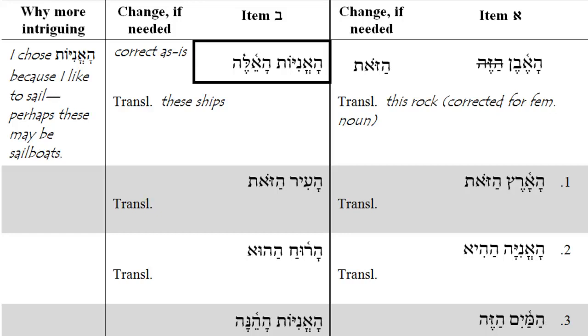Ha'evan hazeh. You can see that hazeh has been crossed out because it's not correct. Evan is feminine. Hazeh belongs to a masculine noun. Consequently, to the left, in the column labeled Change If Needed, we find the replacement correction, hazot. In the column Item Bait, we find the phrase Ho'oniot ha'ele.